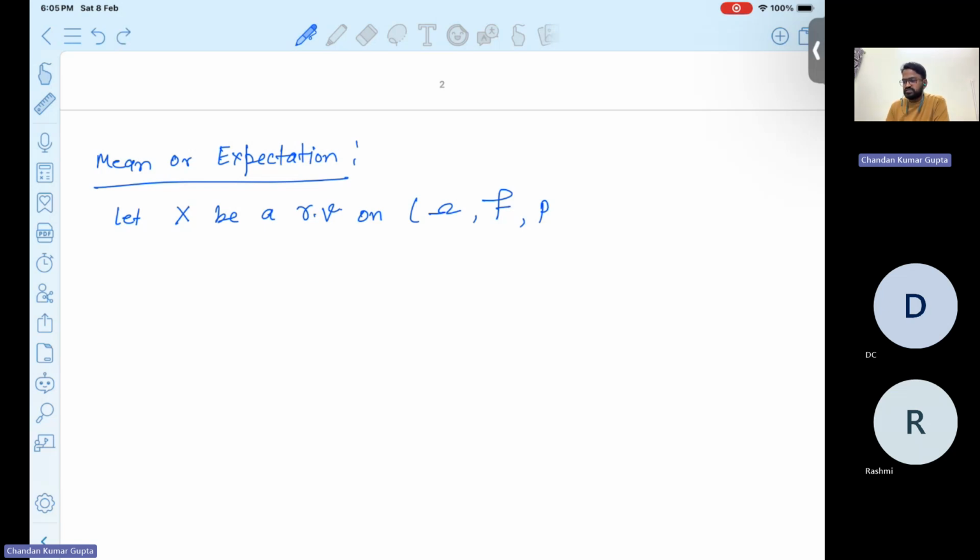If X is a discrete or continuous random variable, then we have different approaches. Either we use summation or integration. So let's start with the discrete case. Suppose X is a discrete random variable.